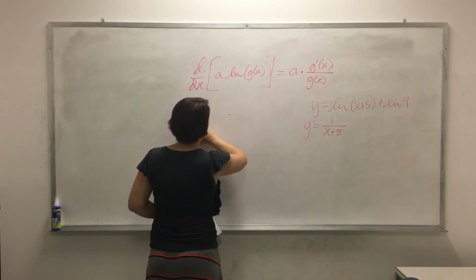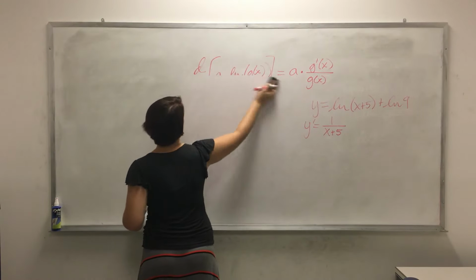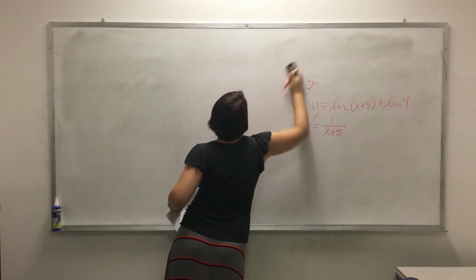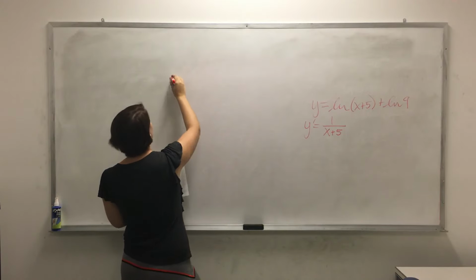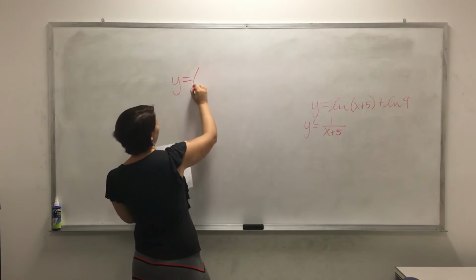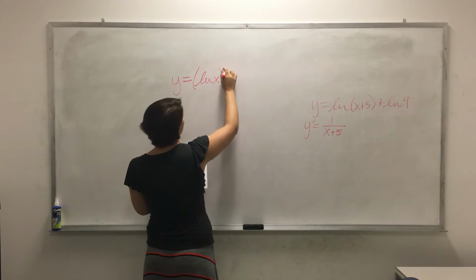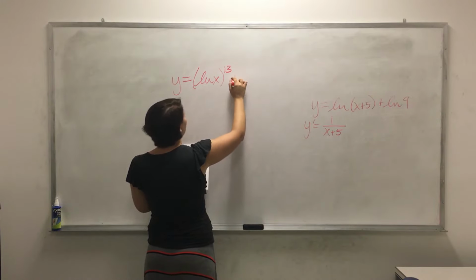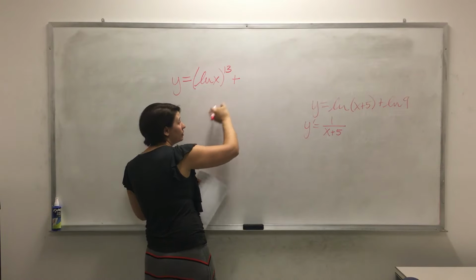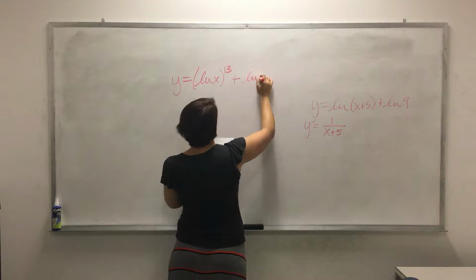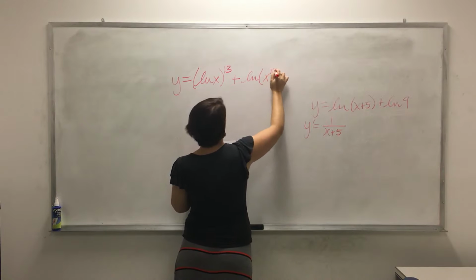So then, if we want to take the derivative of the natural log of x to the 13th power, all the natural log of x is to the 13th, not just the x, plus the natural log of x to the 13th.